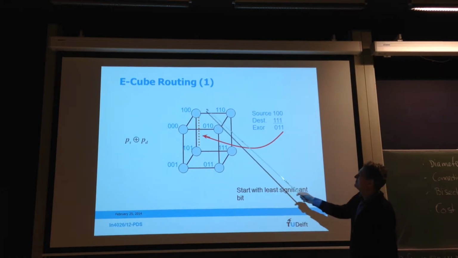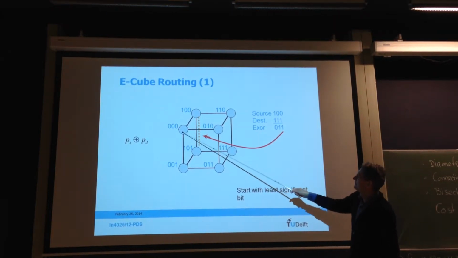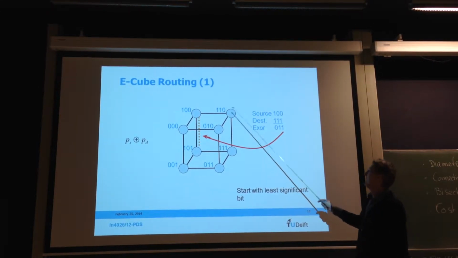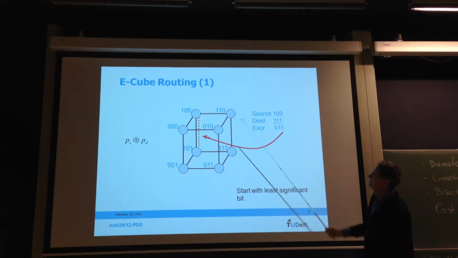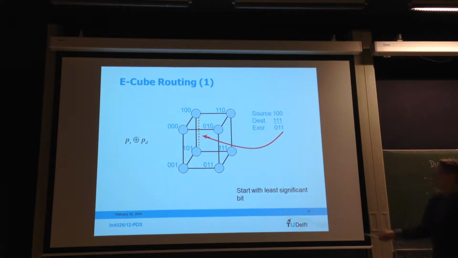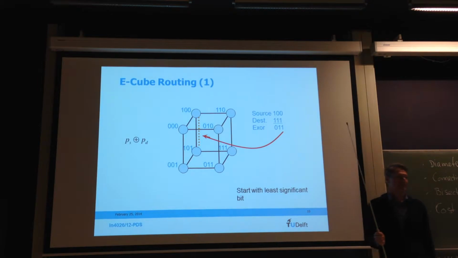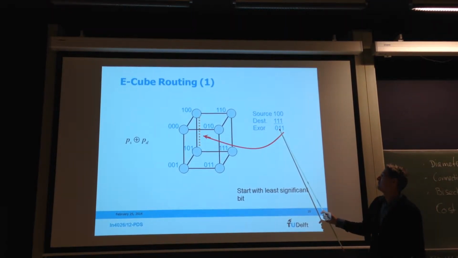Changing dimension means that in this plane the dimensionality of the lowest bit is 0, and changing dimensionality means that I have to send the message to a node where the dimension of the least significant bit is 1.